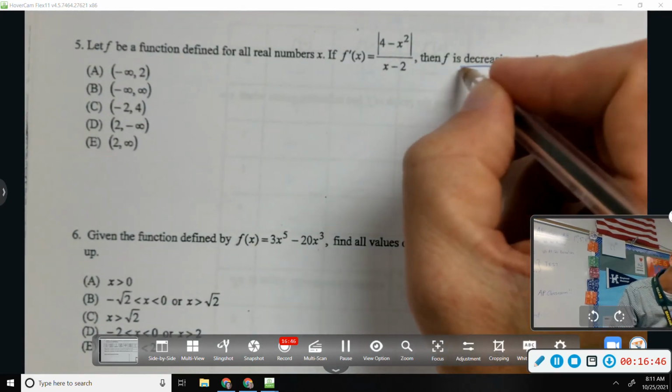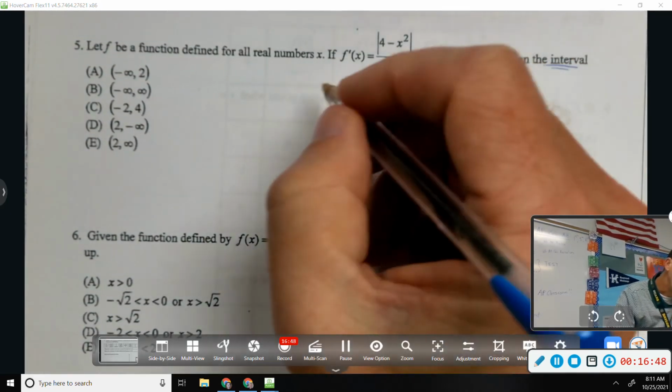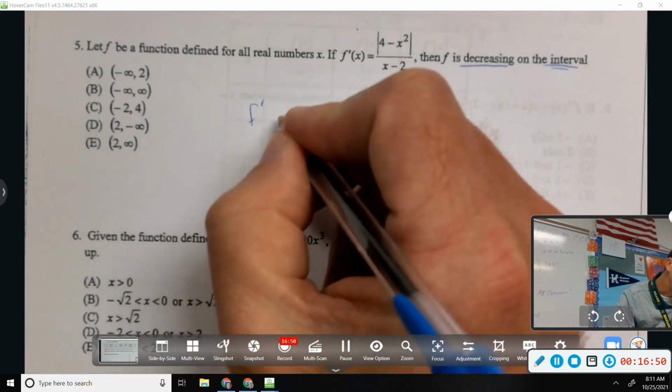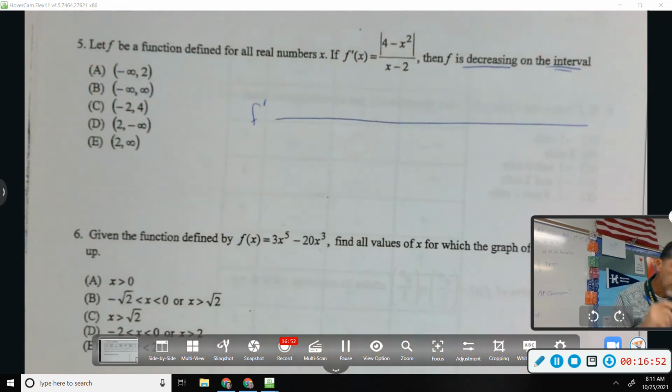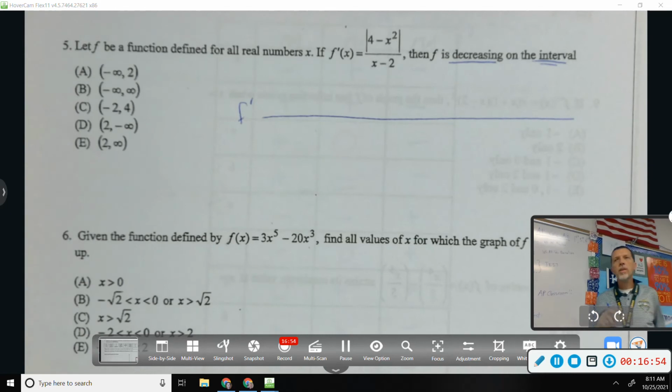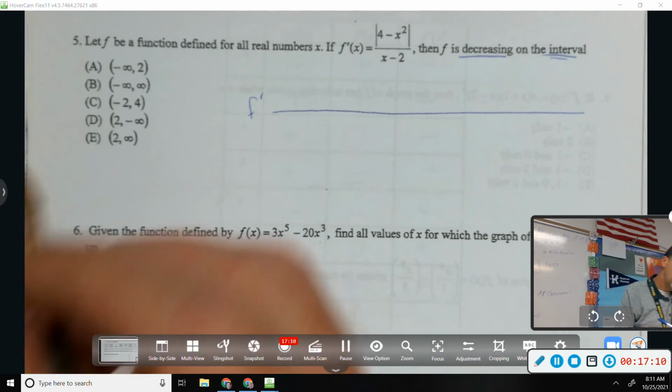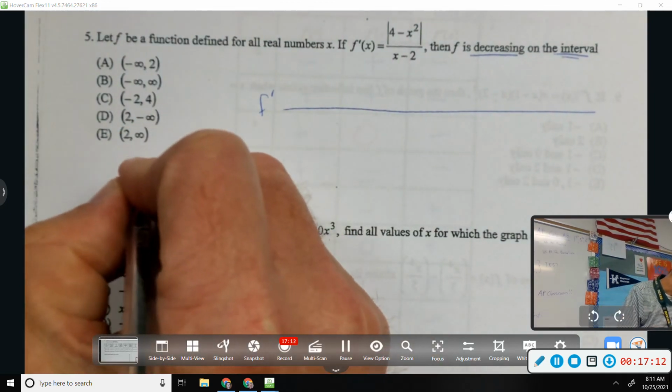So decreasing on interval sounds like I need a number line for f prime. What numbers go on the number line for f prime? Like, how do I know where to put the markers on there? Think back to the little flow chart here.